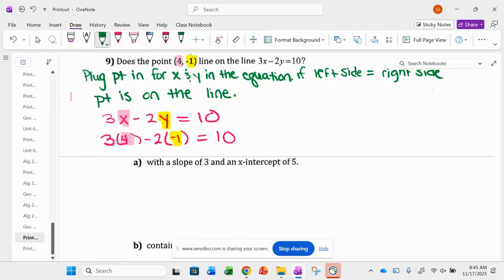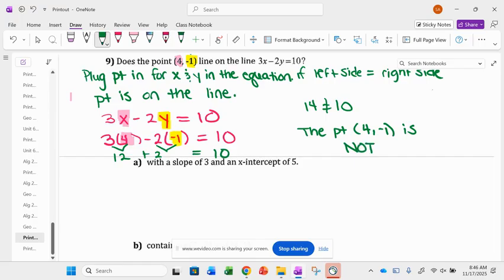So we're going to have 3 times 4 is 12. -2 times a -1 is a +2. Does 14 equal 10? No. Since this is not a true statement, what does that mean? It is not on the line. The point 4, -1 is not on the line.